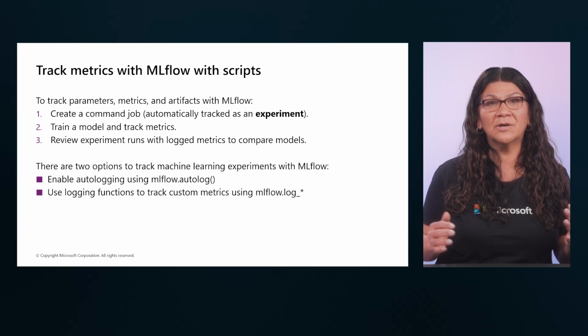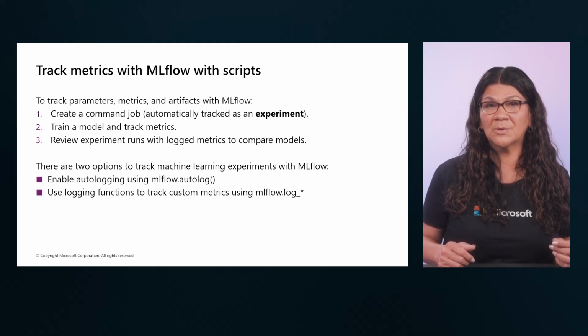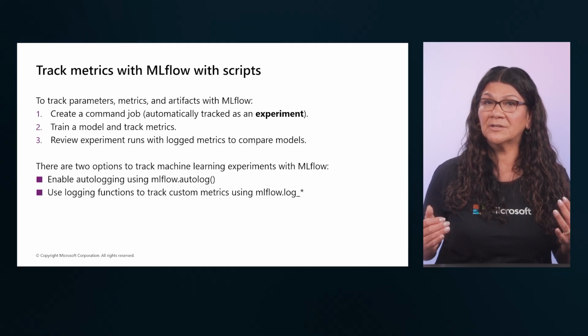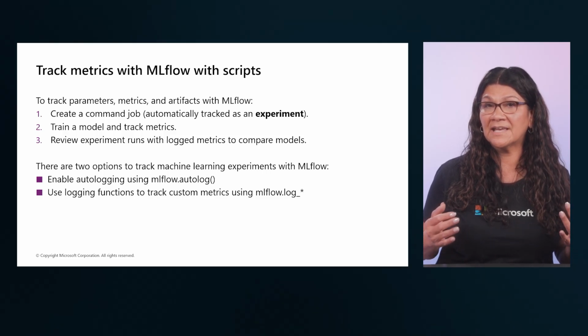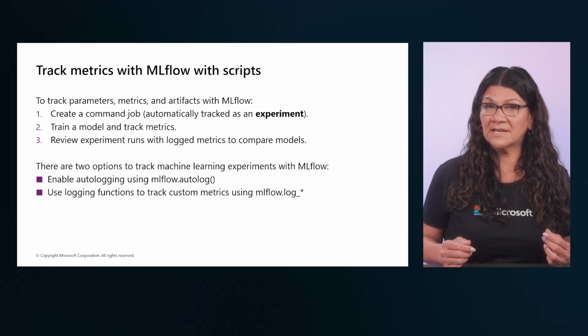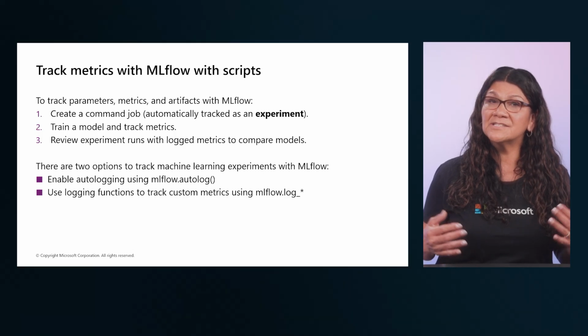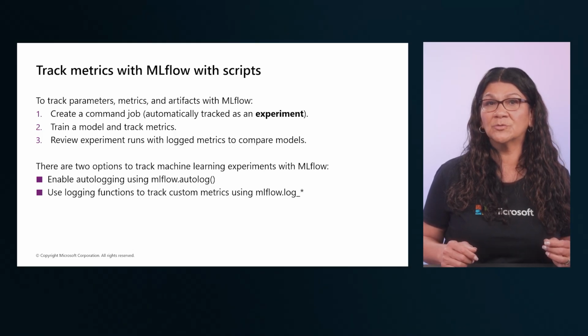For example, if you run a diabetes prediction training script as a scheduled Azure ML job, MLflow can log metrics like AUC or accuracy for every run and store artifacts such as the trained model or the evaluation plots.